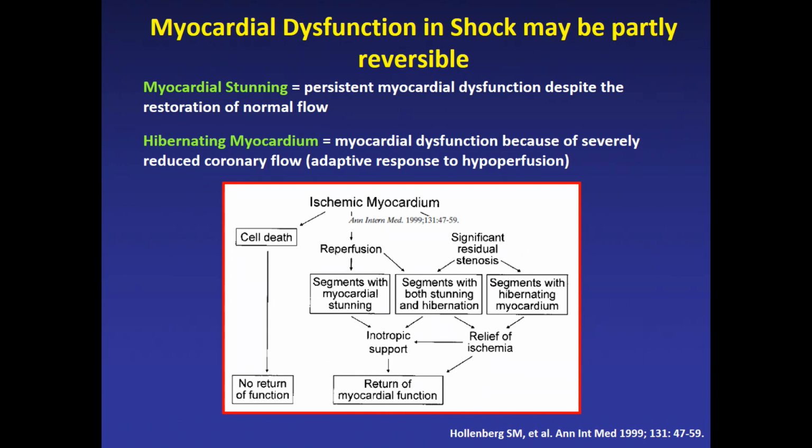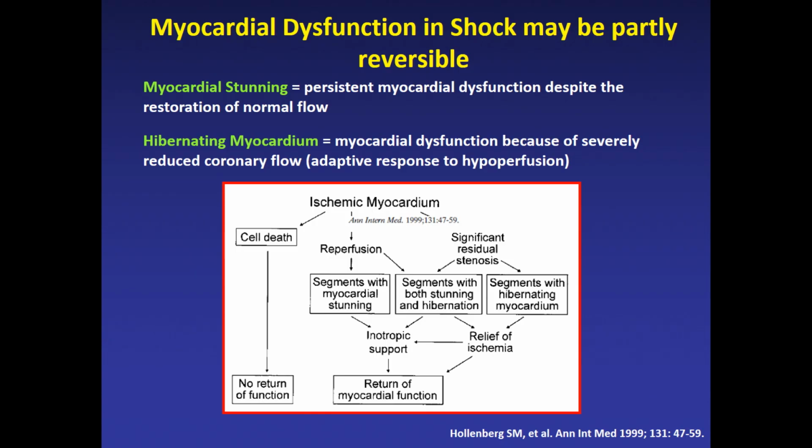One of the great lessons of the last 2 decades in cardiogenic shock and heart failure management has been this observation that at least in patients with cardiogenic shock complicating ischemic heart disease, myocardial dysfunction may be partly reversible with early reperfusion. Part of the reason this happens is because ischemic myocardium may not be irreversibly injured, but might be stunned or hibernating, with definitions as provided on this slide.